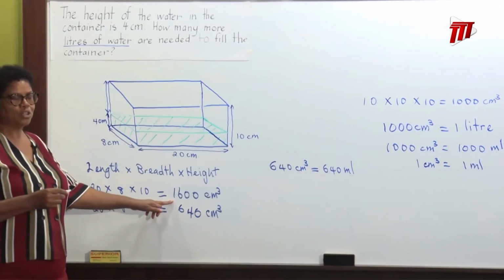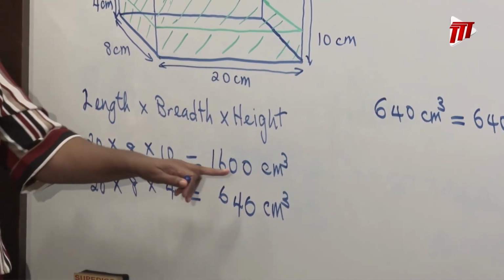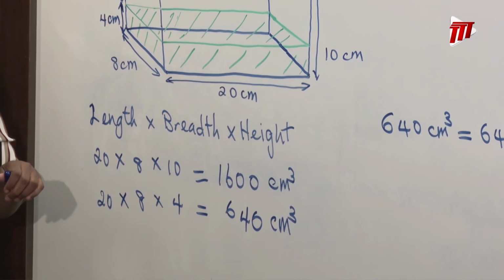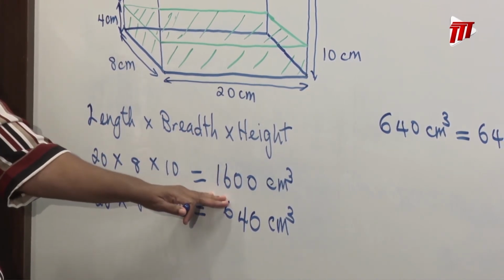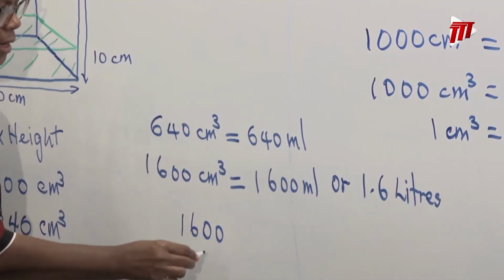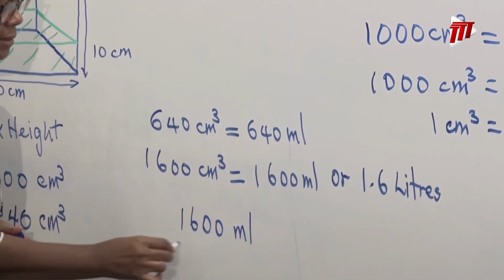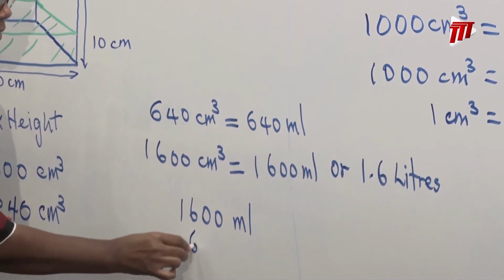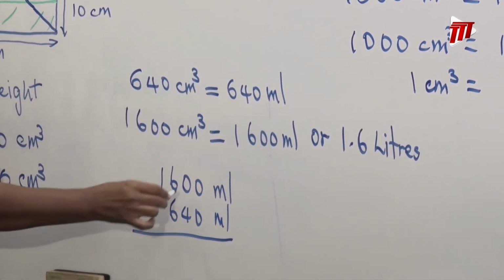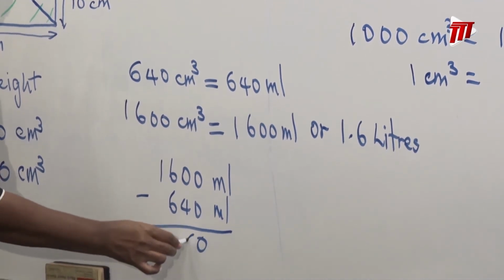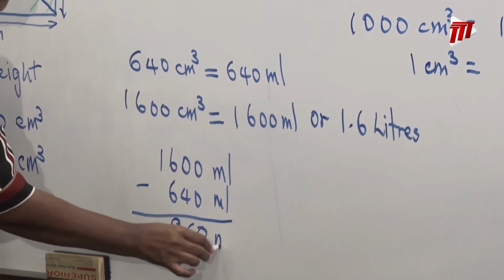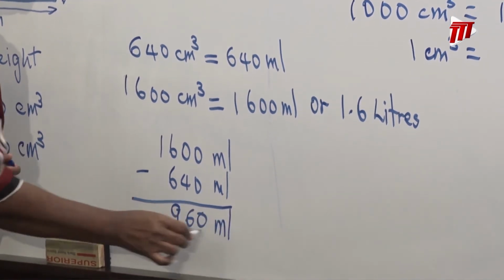This is the amount of water that is needed to fill the whole container. So I'm going to also convert this to liters. 1,600 milliliters take away 640 milliliters will be equal to 960 milliliters.